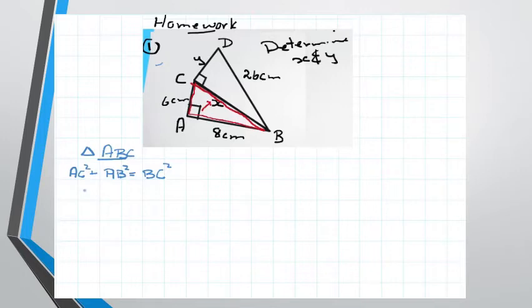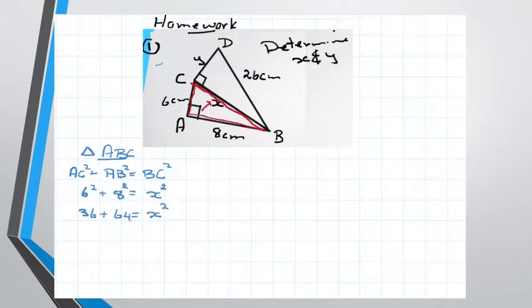Now I'm quickly going to substitute my information. AC is 6 centimeters, so that squared, plus AB, in this case 8 squared, all together must be equal to the value labeled x, squared, by Pythagoras. Therefore I'm going to have 36 plus 64 equal to x squared.